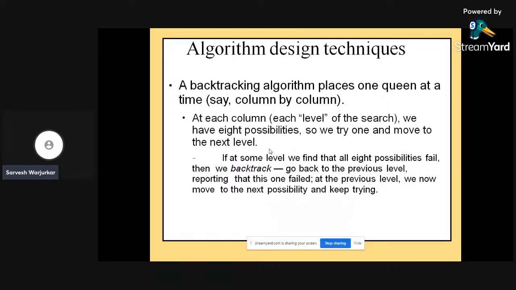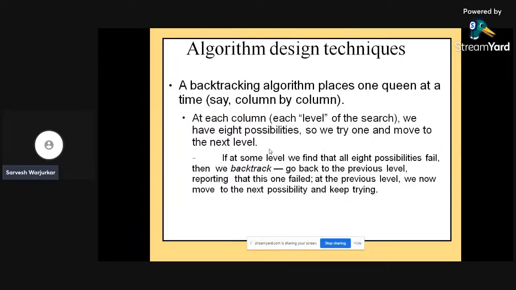Look at this. At each column, each level of the search, we have eight possibilities. As we know, a chessboard is 8 by 8 boxes, so ultimately we have 64 boxes. We try each move to the next level.